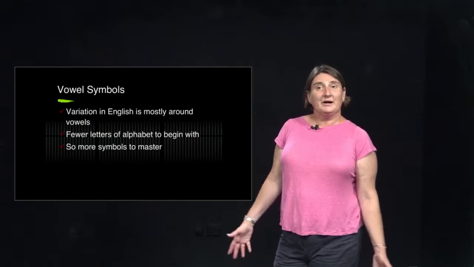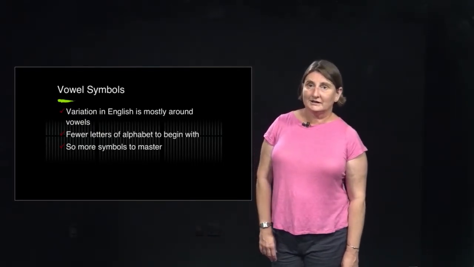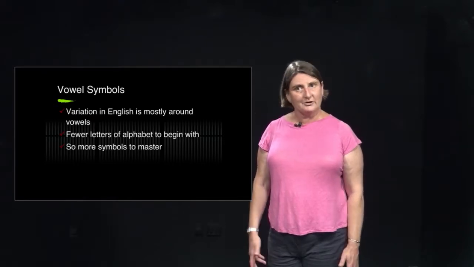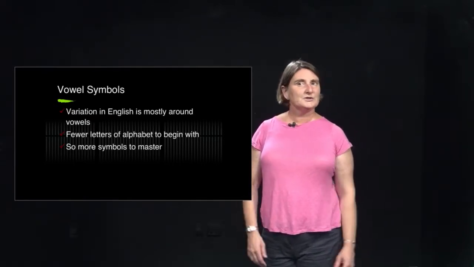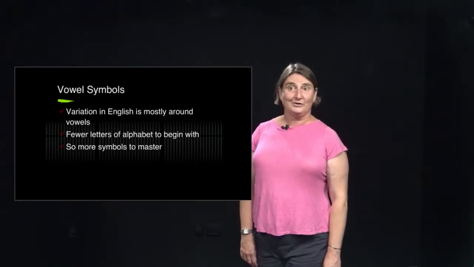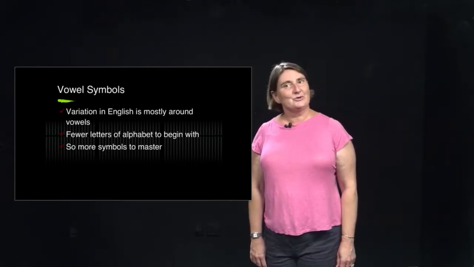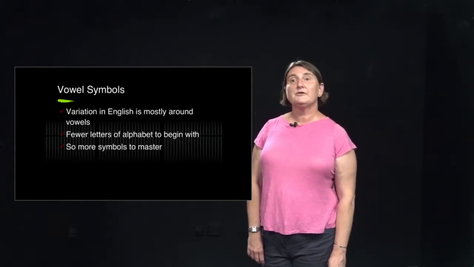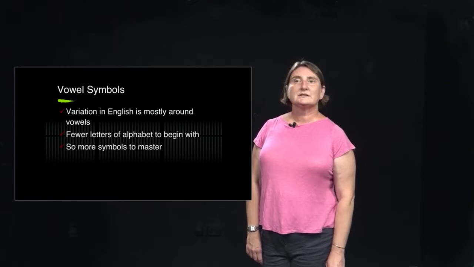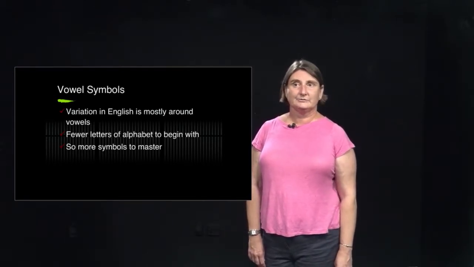So something that's fun about English, or maybe difficult about English, is that the variation in English, geographical variation, different countries, different parts of the US, is really a lot about vowels. And so we are going to learn to represent more detail about the vowels because that can help us properly describe someone's variety of English.